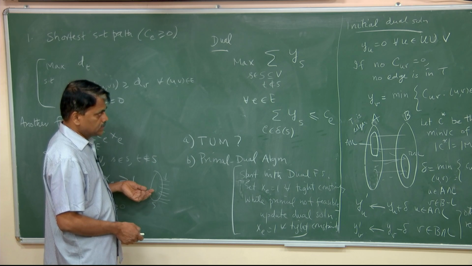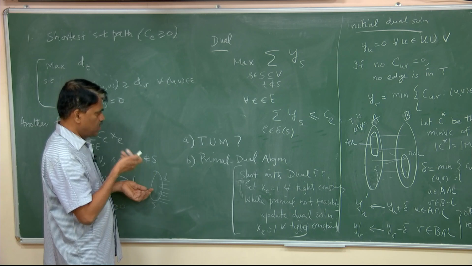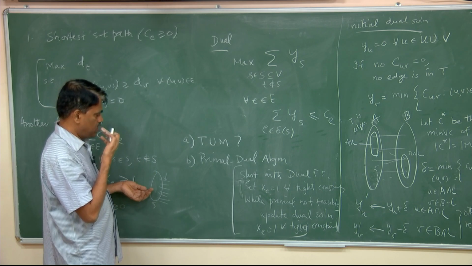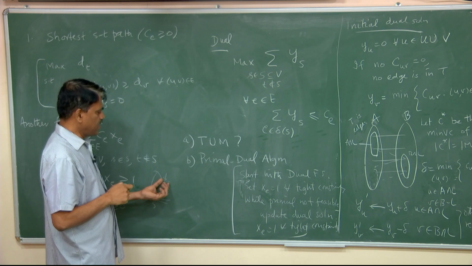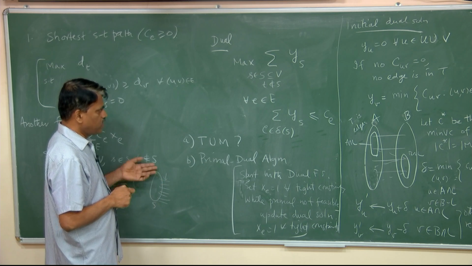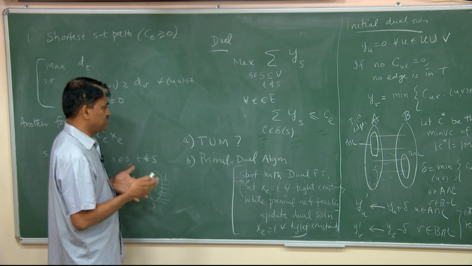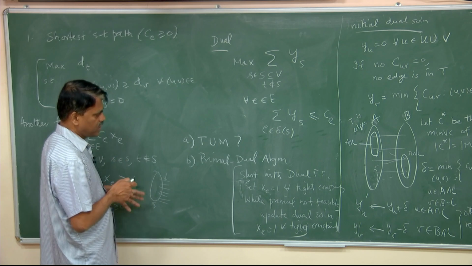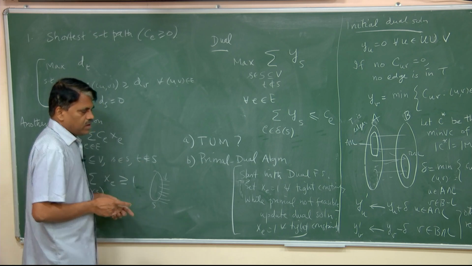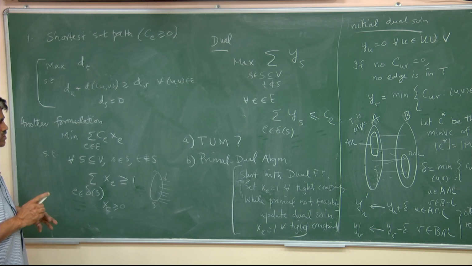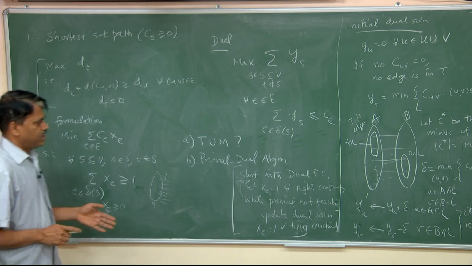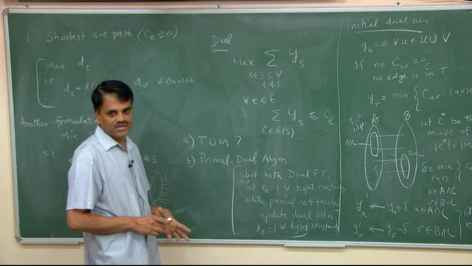Then at least for that edge, there will be one y_S which is equal to c_E. Well, one needs to be careful about exactly how you update it, and just explore this. I haven't really thought through this, but it turns out this is exactly Dijkstra's algorithm.